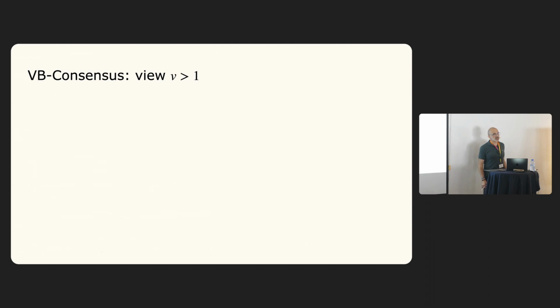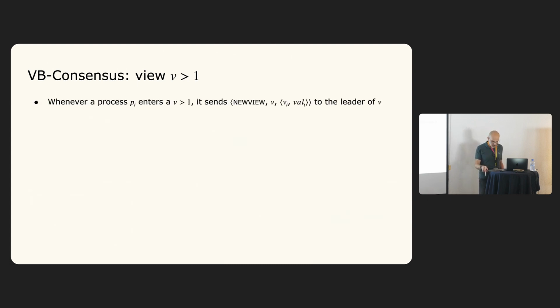Okay, so let's consider what happens in a view greater than 1. Here it goes as follows. There's actually a slight departure from Paxos. In Paxos, we know that the leader first sends the message 1A, and then it waits for replies 1B, and so on and so forth. In view-based consensus, we don't really need to send 1A.